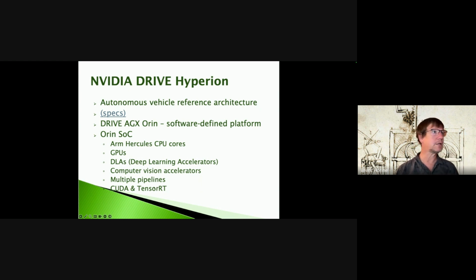Then there's TensorRT, which is NVIDIA's runtime version of tensor type mathematics. And so you can build a big model on the cloud using tons of numerical precision and lots of nodes and that type of thing.